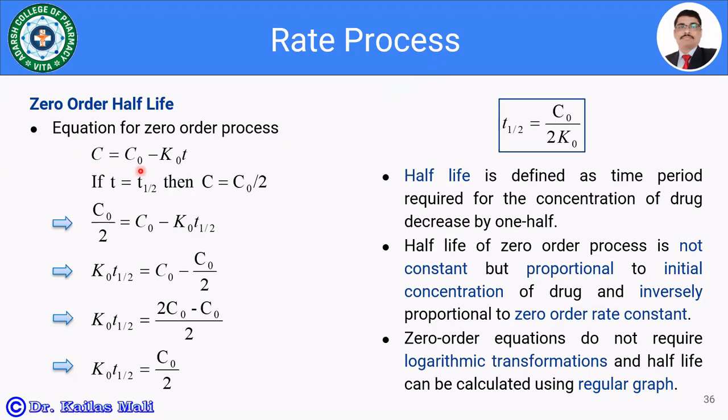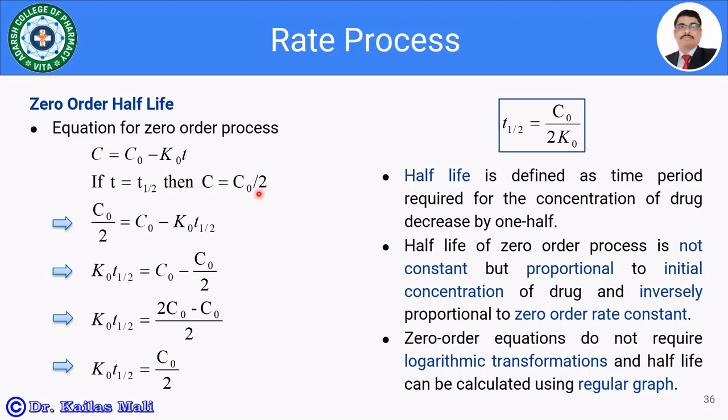Half-life is nothing but the time required to convert half the quantity of the reactant into the product. If T is equal to T half, then C is equal to C0 by 2, right? If T becomes T half, then C becomes C0 by 2.